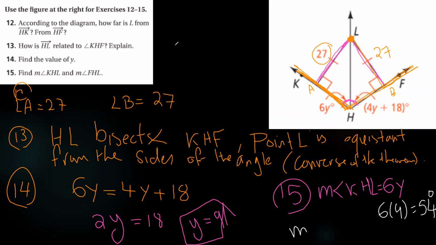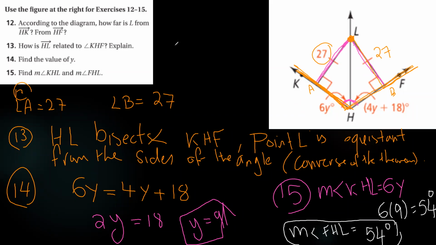And what is the measure of the angle FHL? 4 times 9? The angle KHL is 6 times 9, 54. So FHL will be 54.